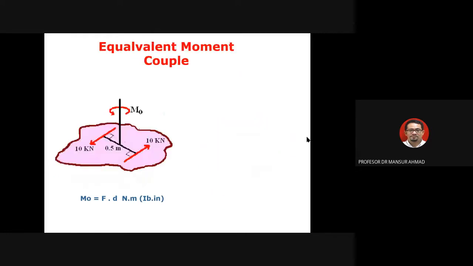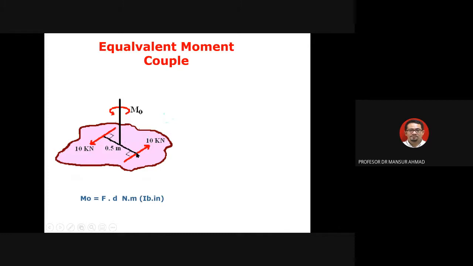So let's look at this one, equivalent of moment couple. Okay, this diagram here, the first one. If you take a look at here, the moment couple, 10 kilonewton this side, and another side is 10 kilonewton.